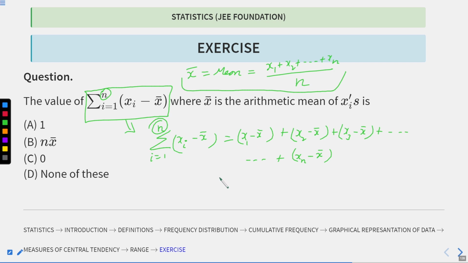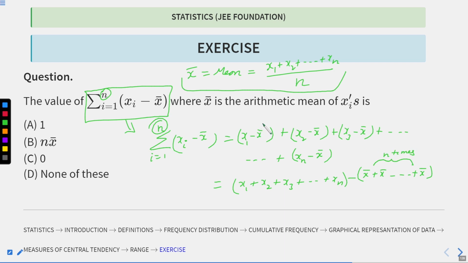If you see, let me put the x bar terms together. This will make this type of expression, which is x1 plus x2 plus x3 till plus xn, and minus of x bar plus x bar till x bar. And how many x bar am I adding? I am adding n times of x bar.